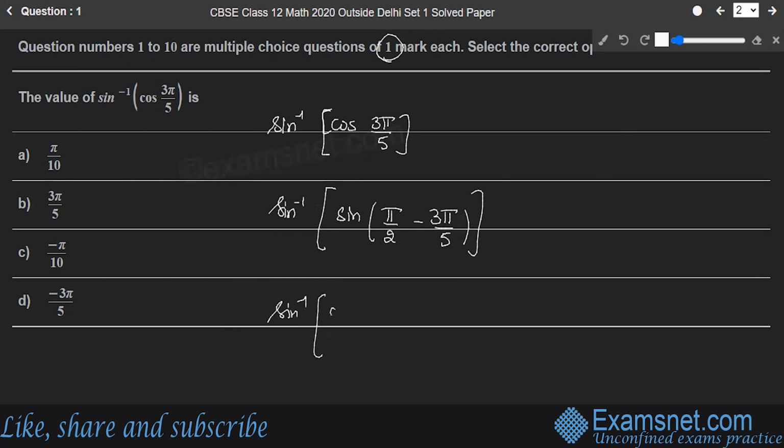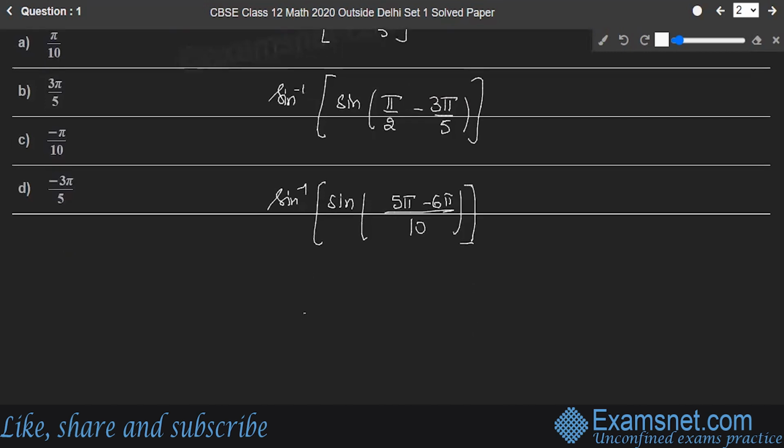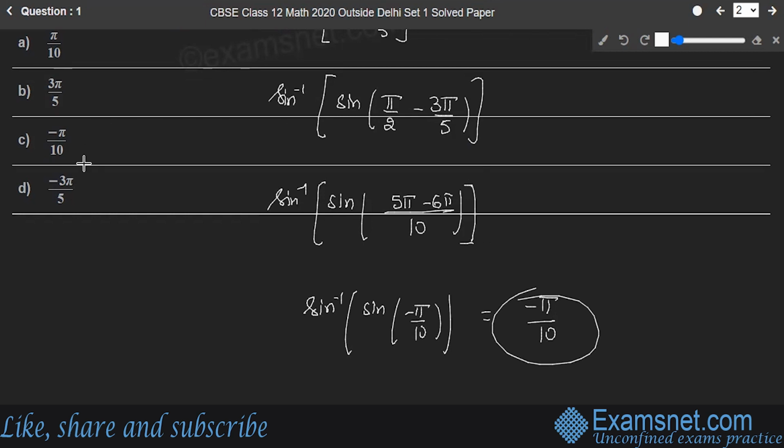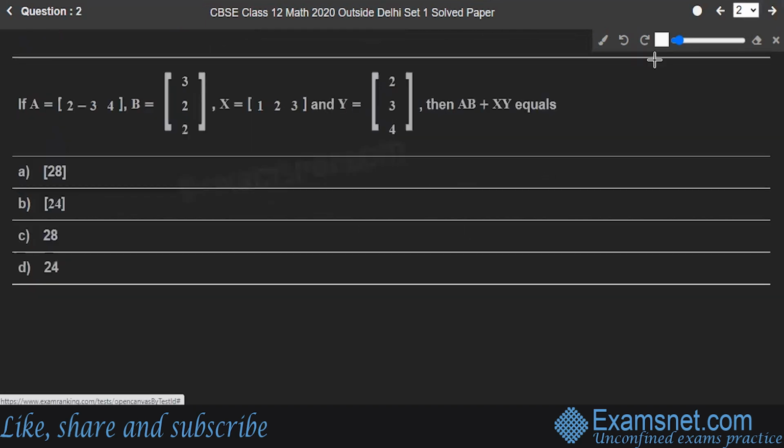Let's write this sine inverse of sine. There will be the LCM 10, 5 pi minus 6 pi. So that's equal to sine inverse sine of minus pi by 10, which is equal to minus pi by 10. That's it. You have option C as the answer. Hope you understood that. Let's move to the next question number 2.